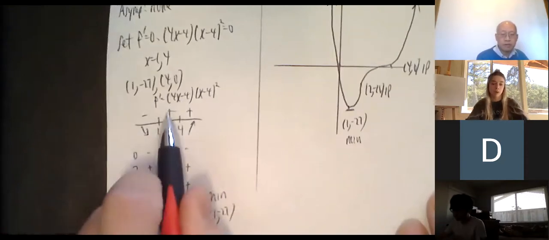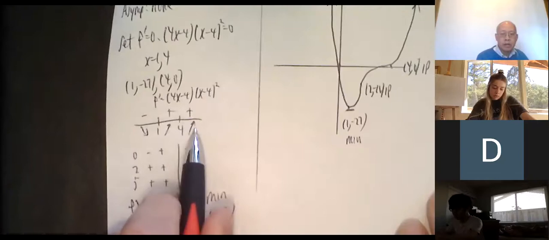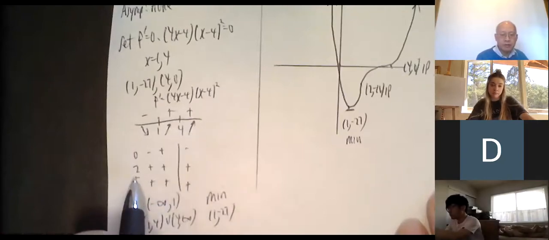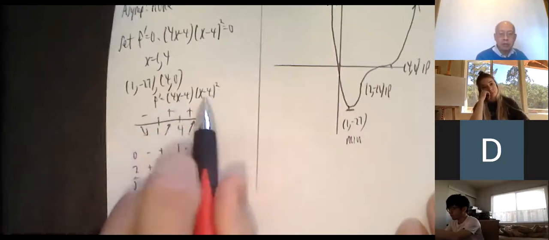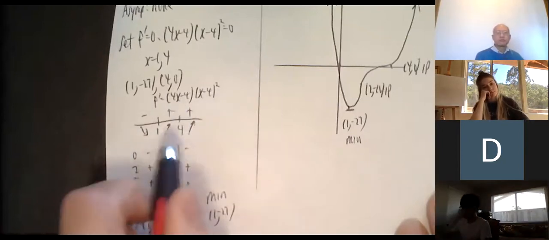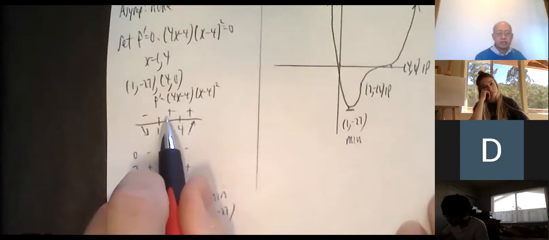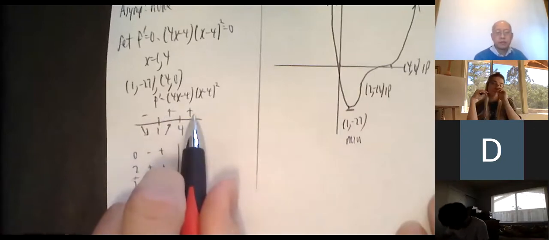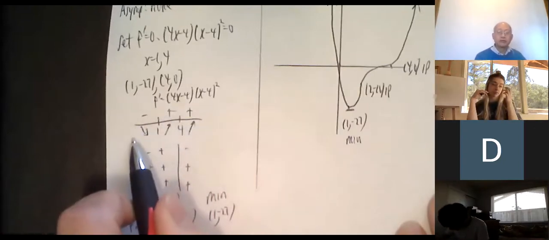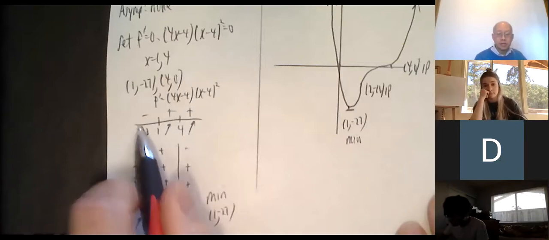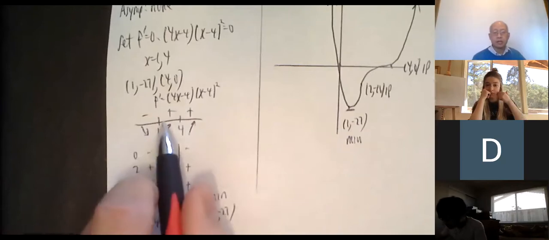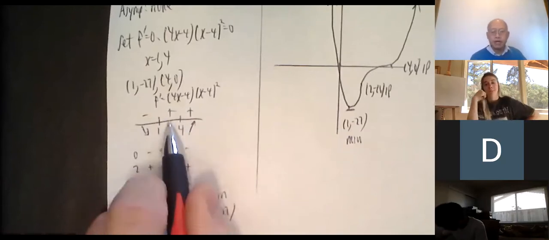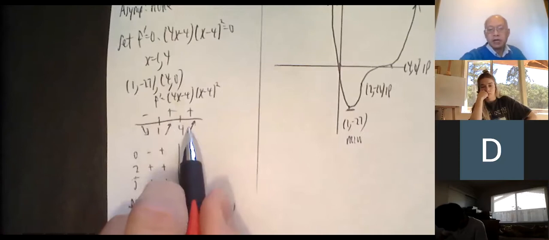Positive times positive, positive. And something over here, 5. 4 times 5 minus 4, positive. Positive times that, positive, positive. Negative, positive, positive. So negative first derivative, decreasing. Slope negative. Function decreasing. Positive first derivative, increasing, increasing.